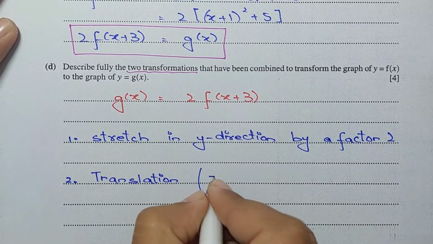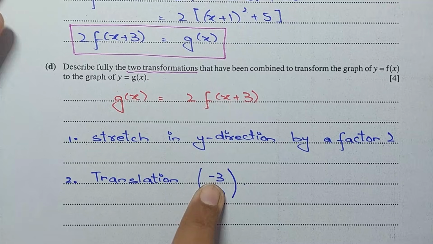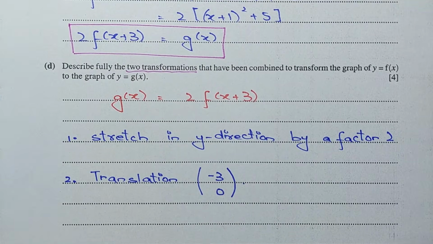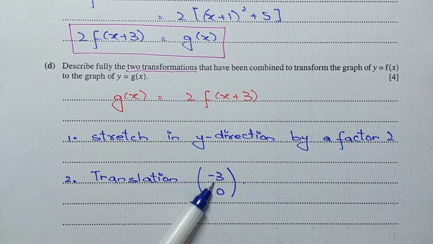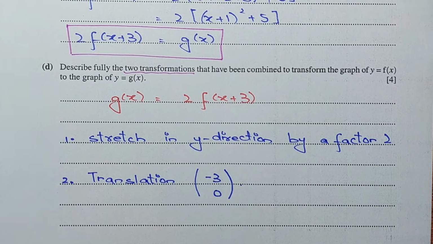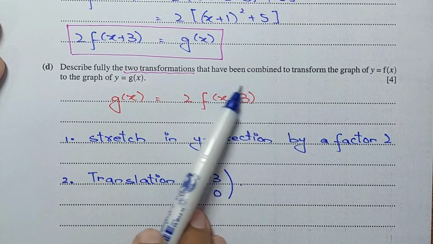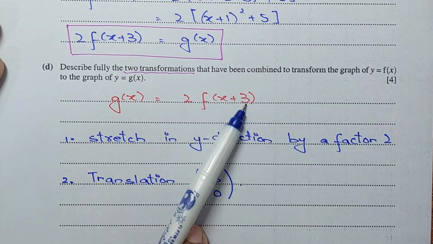So for left, minus 3 and 0. We have to write down negative when we are writing in matrix form. For left we write negative, for right we have to write down positive in matrix representation of the translation. But when we are dealing with the x value, for left add something and for right subtract something.